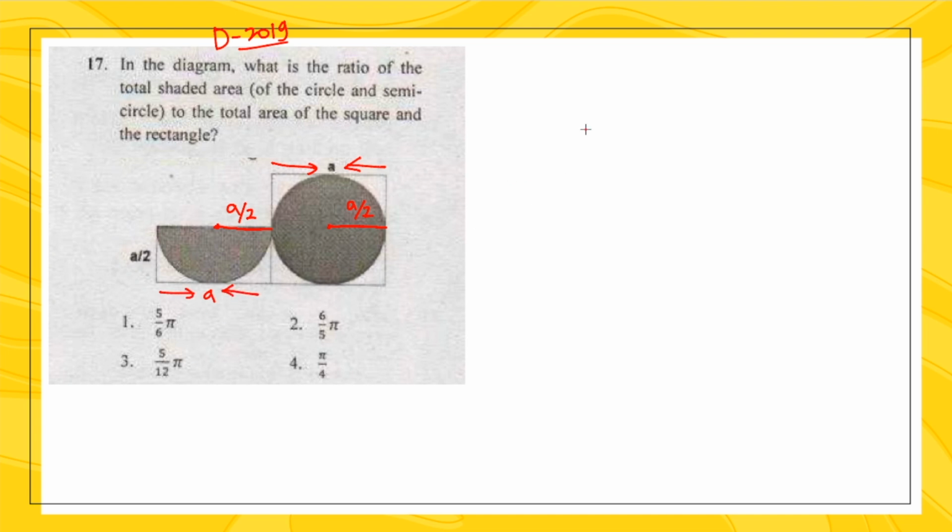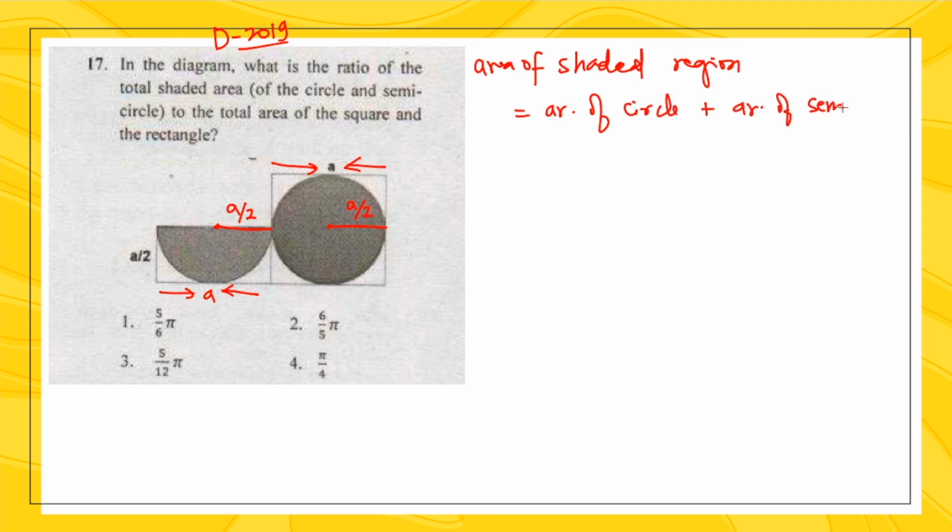So considering all this, the area of the shaded region will be equal to the area of the circle plus the area of the semicircle. The area of the circle is pi r square, and in place of the radius it is a by 2 squared, plus the area of the semicircle, which is 1 by 2 pi r square, where the radius is again a by 2.